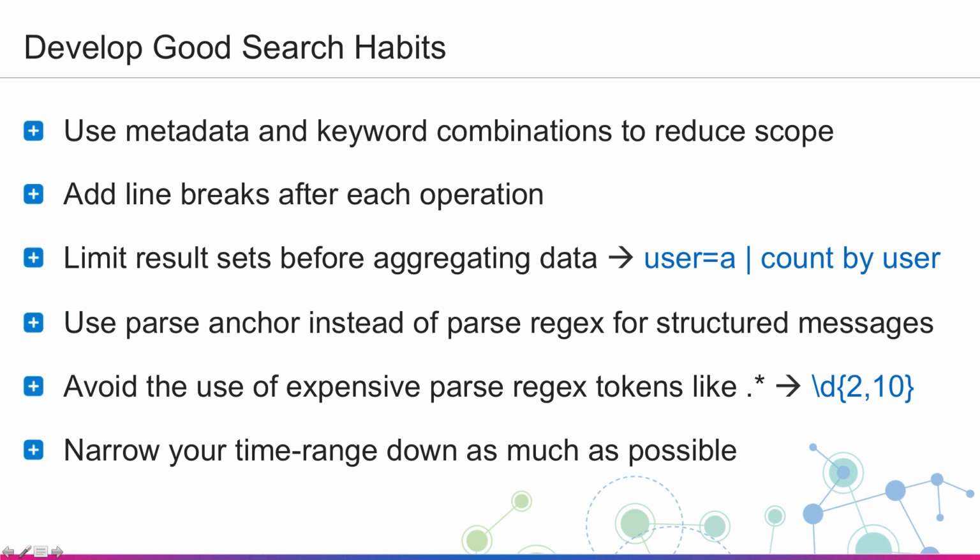And lastly, you want to narrow your time range down as much as possible. Try not to search for the last 30 days of data if really what you're looking for is contained within the last day or so.